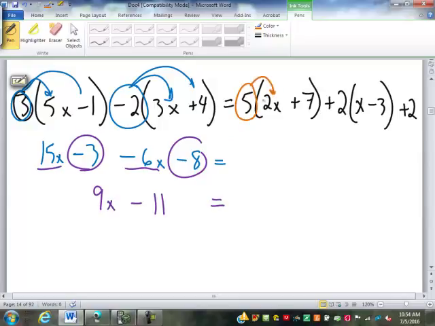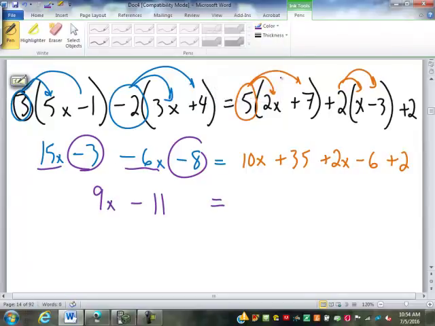5 times 2x is 10x. And then 5 times 7 is 35. Then what? 2 times x is 2x, and then 2 times negative 3 is negative 6, and plus 2.